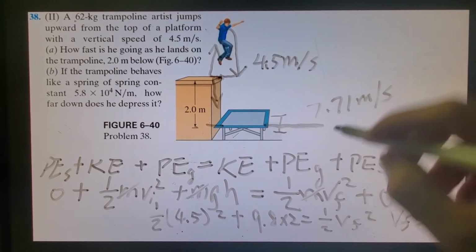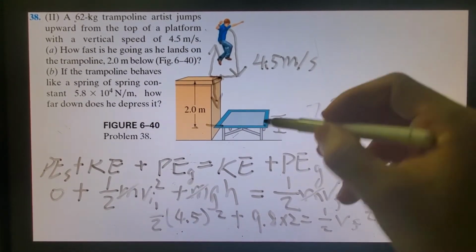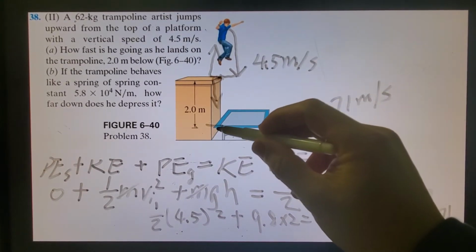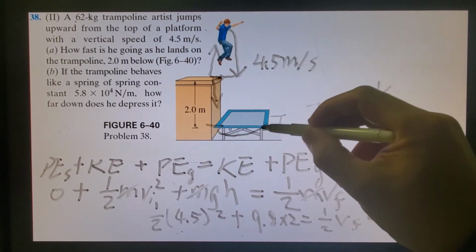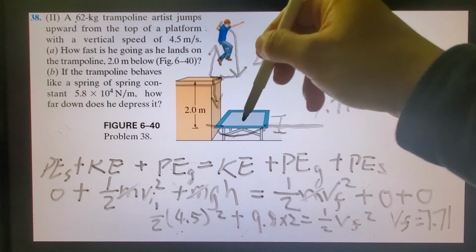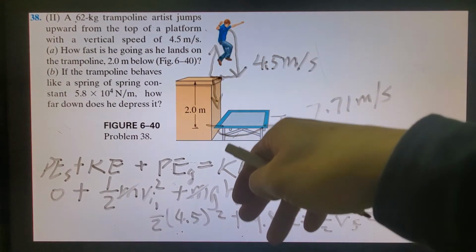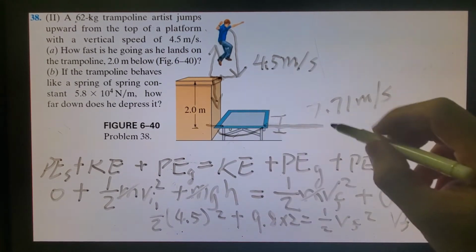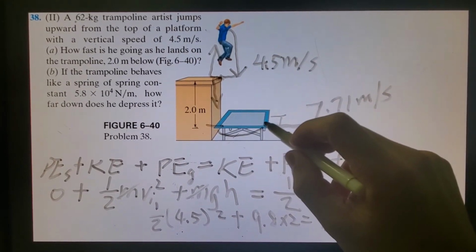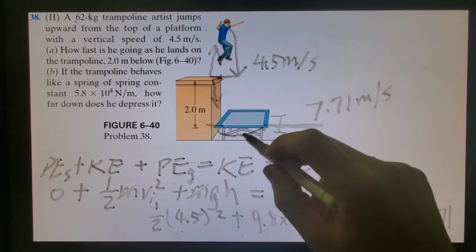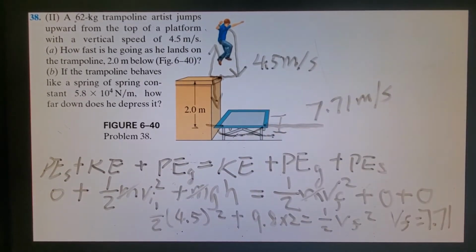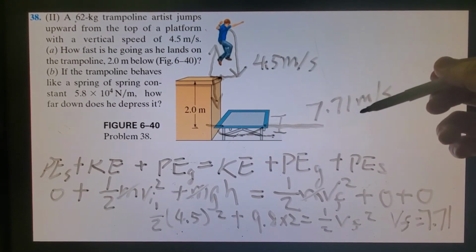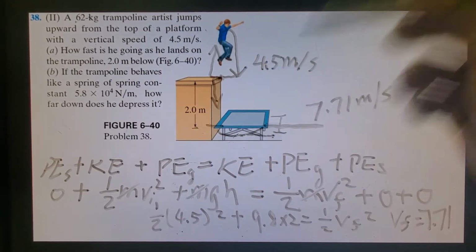Right before it hits over here, it will be 7.71 meters per second. Now the second part. How much will this person get into the trampoline? When it touches here, it's going to stretch and get down and then recoil back. Once it reaches the bottom, it will convert most of the kinetic energy into potential energy.